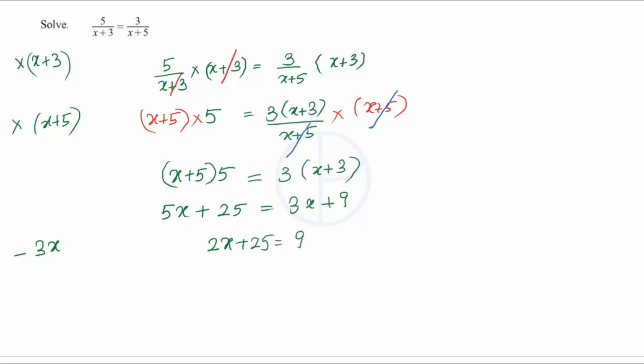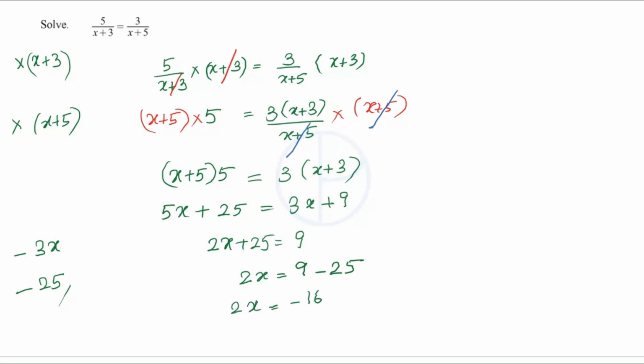Now we have to eliminate this 25. So subtract 25. Because it is an addition, you need to subtract. So we get 2x equal to 9 minus 25, which is equal to negative 16.